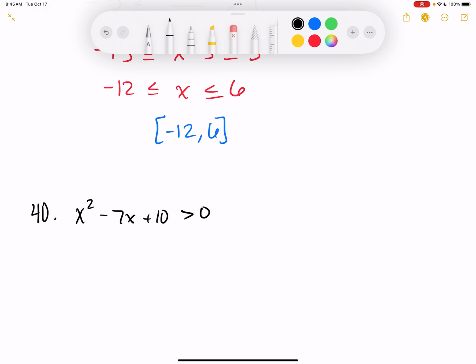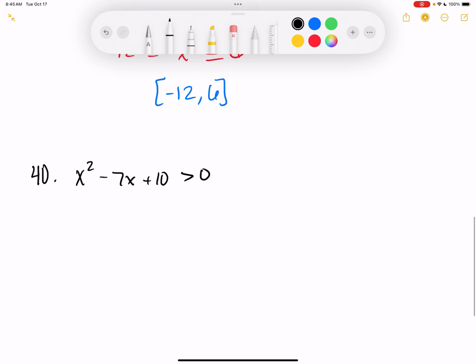But what factors of 10 give me -7? -5 and -2. Yep, so x minus 5 and x minus 2 greater than 0. And then I'm going to split it and do each piece greater than 0. So x minus 5 greater than 0, x minus 2 greater than 0.